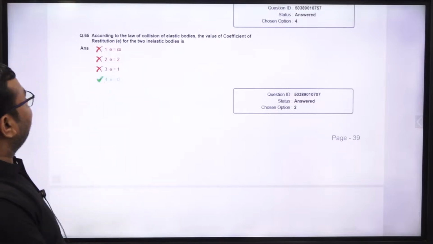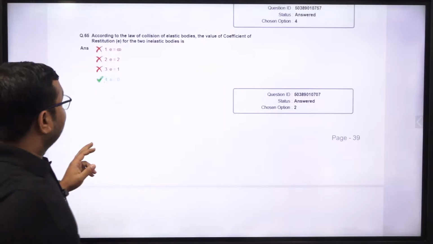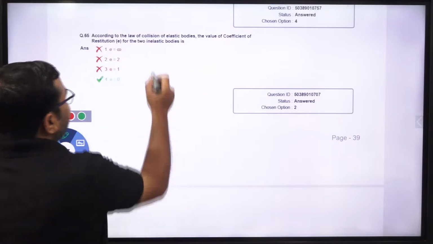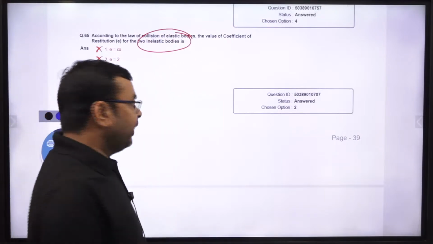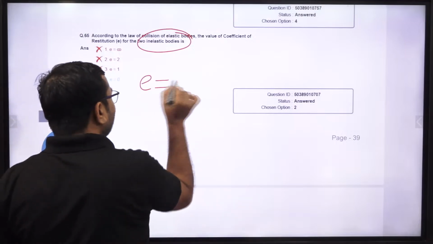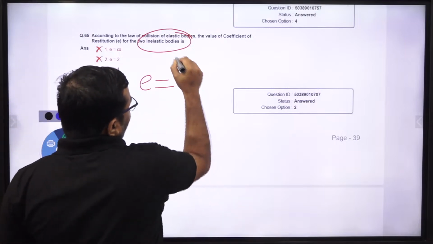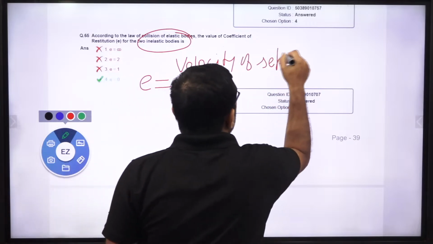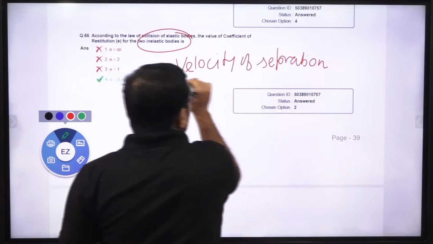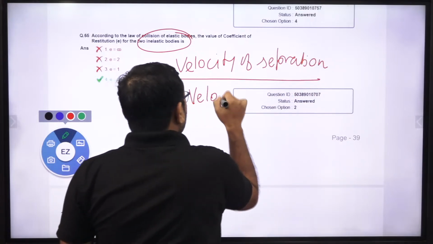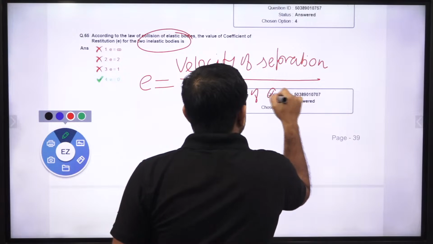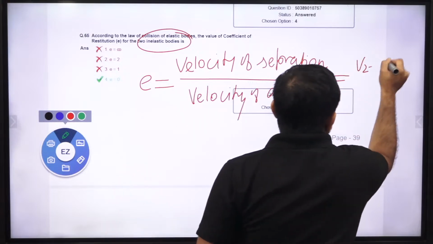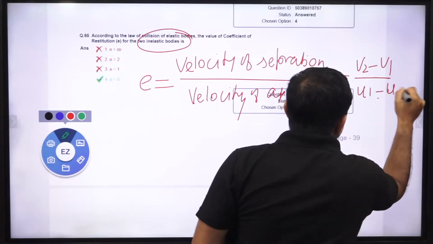Okay, so you can see according to the law of collision, the value of coefficient of restitution for inelastic body. The coefficient of restitution is the ratio of velocity of separation over velocity of approach, and it can also be written as v2 minus v1 over u1 minus u2, yes or no?